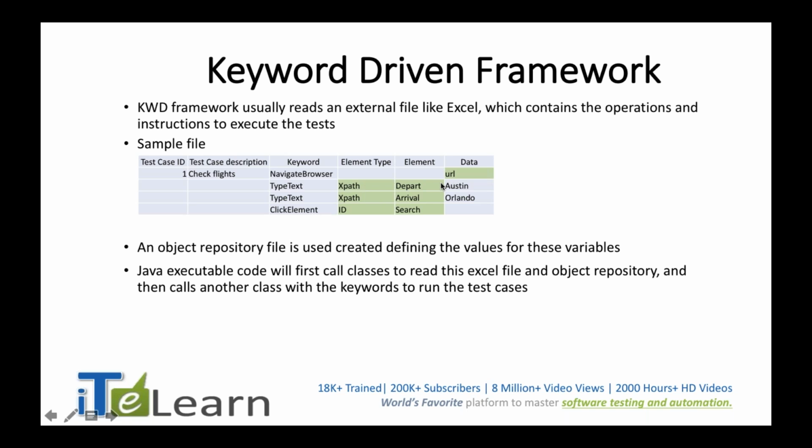And let's say the URL: if I want to navigate to southwest.com, I will define my URL also in the object repository file. The Java executable code will first call these classes to read the file and then the object repository, and then start calling the methods from the respective classes to run these keywords, so that it can perform all the actions.